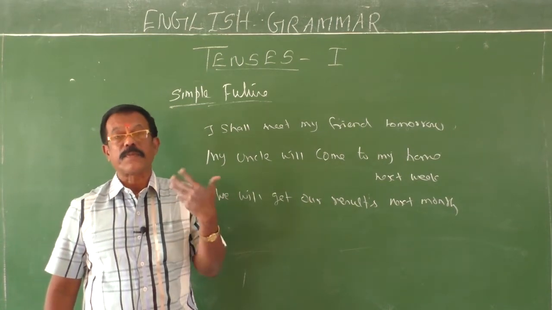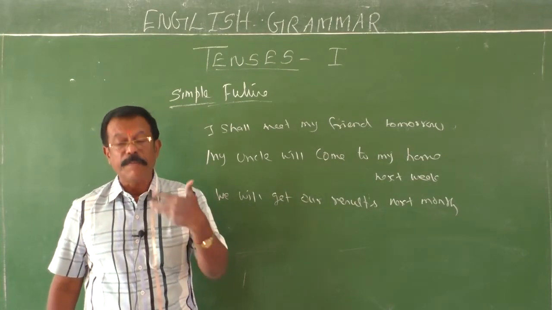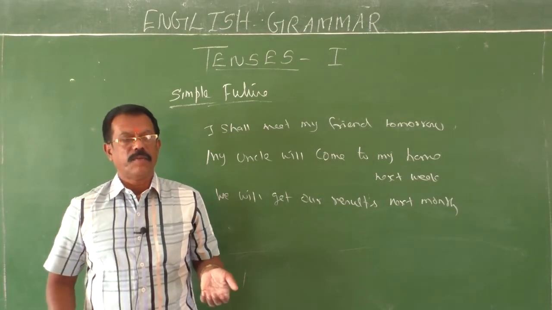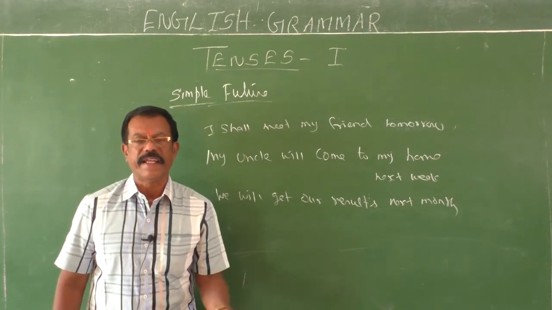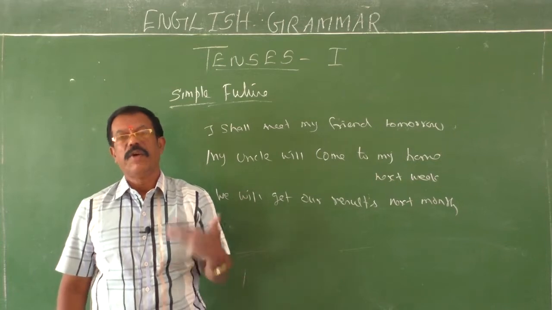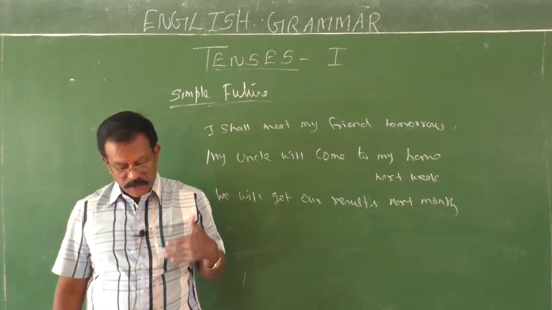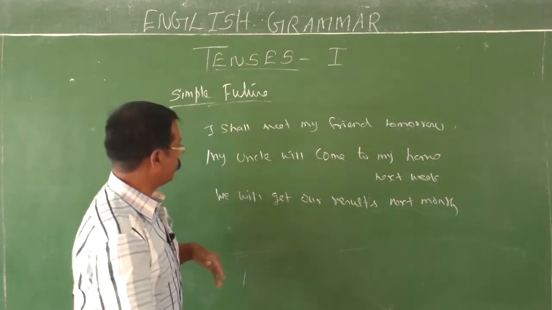And then to express spontaneous actions also you can use this future: I will pay for the ticket. When both of you are standing in the ticket counter, you don't worry, I will pay for the ticket. Spontaneous action going to happen. So there you can use simple future. And to express willingness, I will carry.